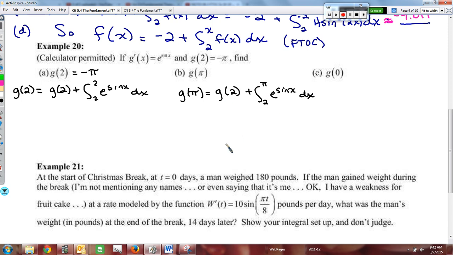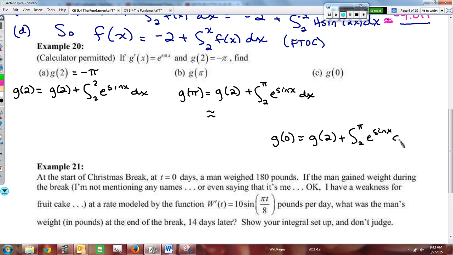Okay, I'll calculate this on my calculator. We'll do an approximation here in a second. And then g of 0, I'll put this down here for the interest of room. G of 0, again, where I was, plus the integral from 2 to pi e to the sine x dx.